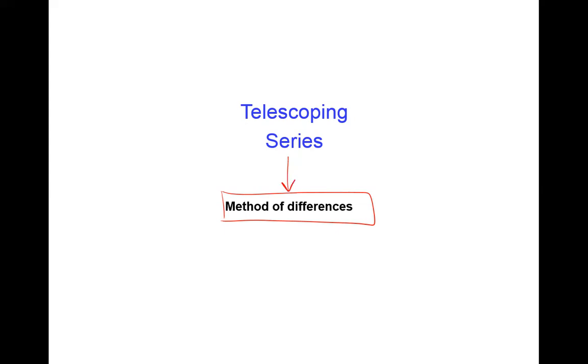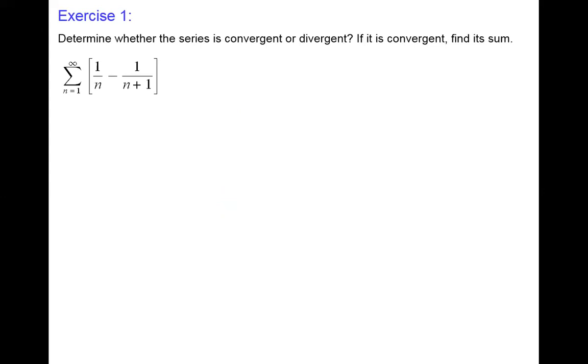And let's see my first example. Exercise number 1. Determine whether the series is convergent or divergent. If it is convergent, find its sum. The formula is as follows: summation from n equals 1 to infinity of 1 over n minus 1 over n plus 1.